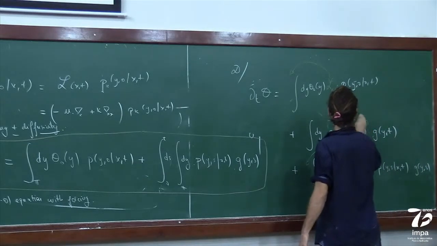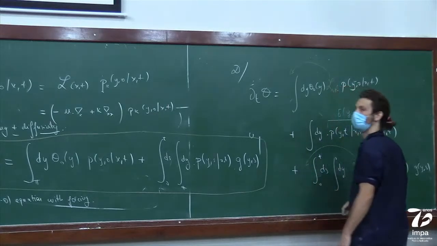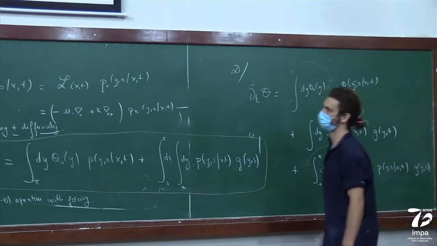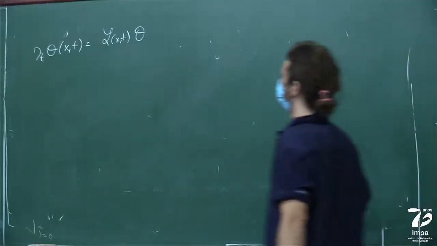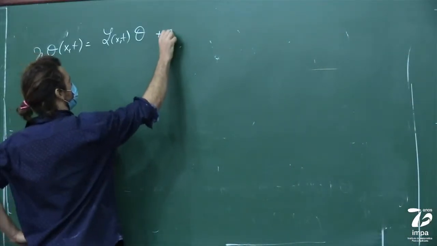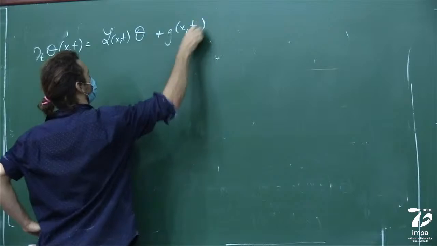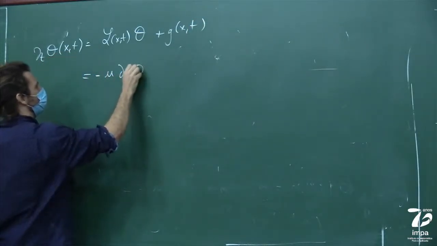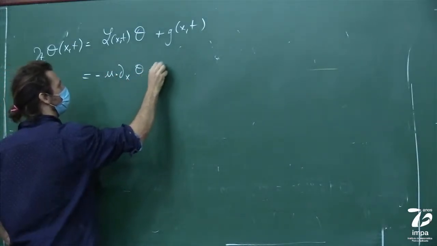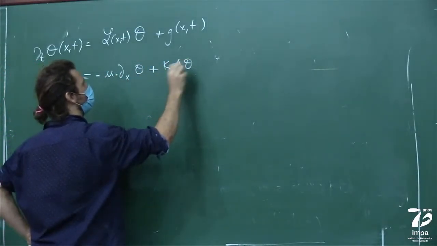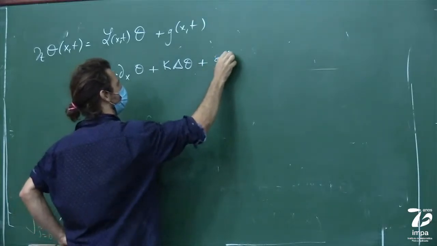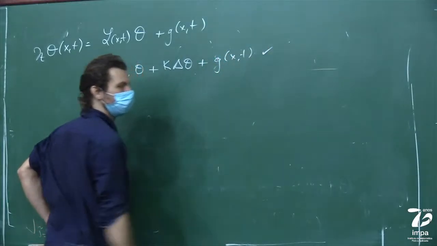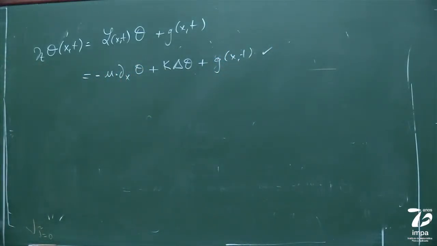This is delta y minus x. So again, you get g of xt here. G of xt is exactly equal to minus u dx of theta plus kappa theta plus g. Magic, and this is what happens.